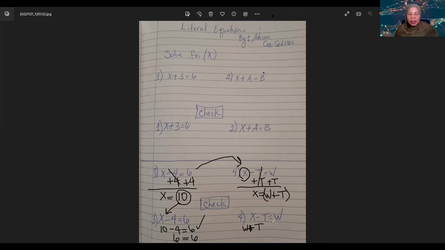I don't have to put it in parentheses. x, w plus t. Okay, w plus t minus t. This part is w plus t, minus t equals w. So you have the two t's, they cancel out because they're unlike signs. And so you get w equals w. So this is how you know that x is equal to w plus t. This is just another way we go through and check.